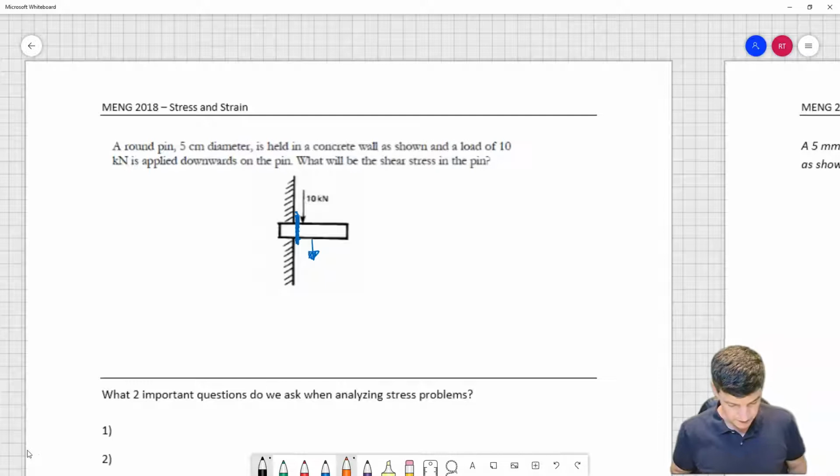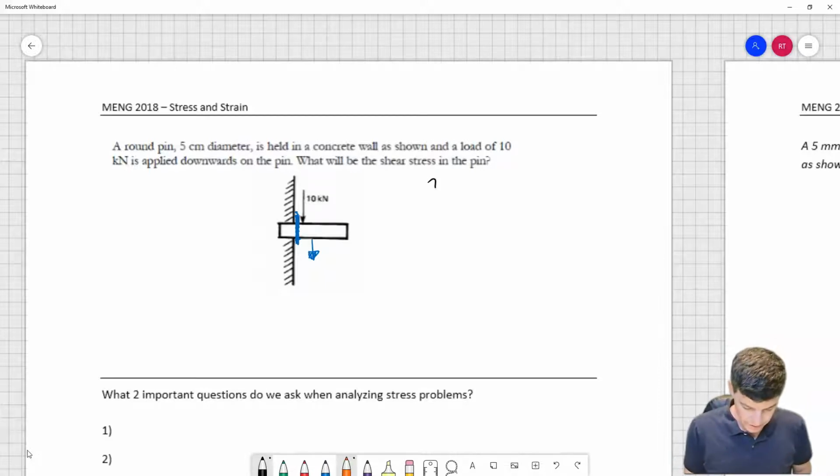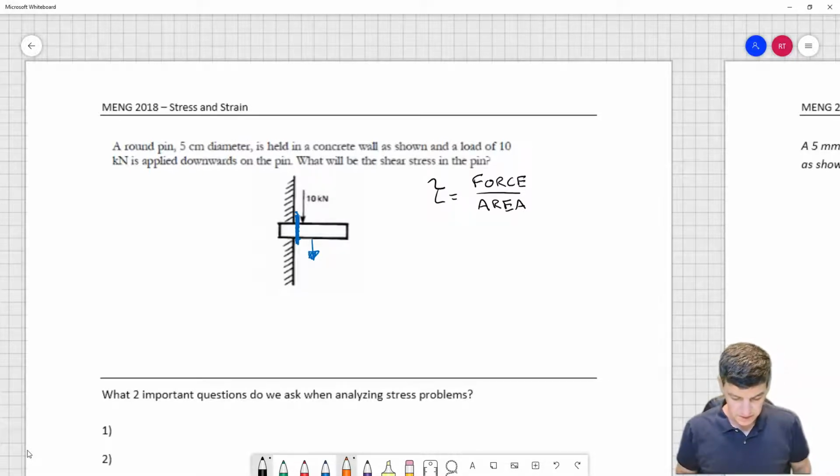Okay, so how do we calculate shear? Well, I know that shear is going to be the force applied over the area. So what I'm going to need to do is figure out how much force and how much area.